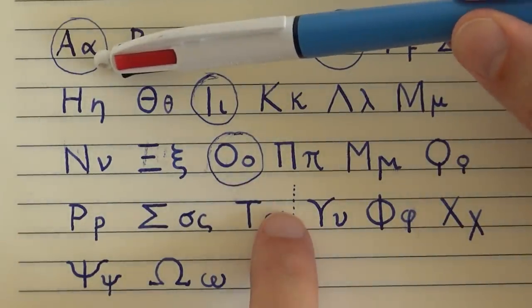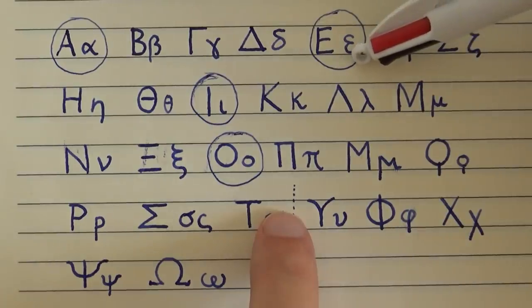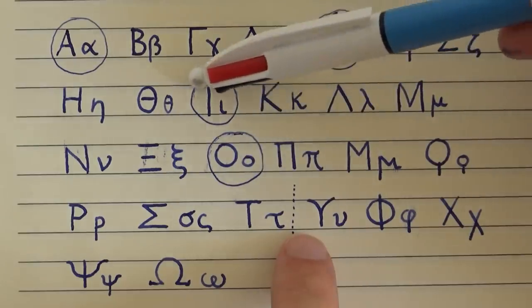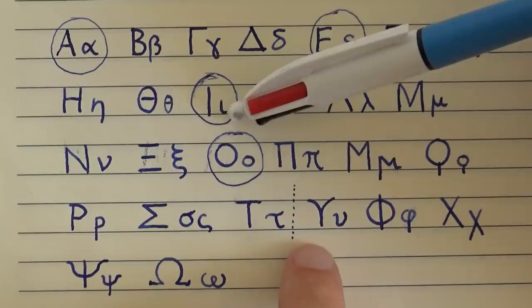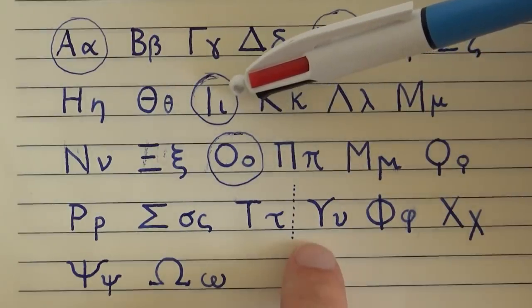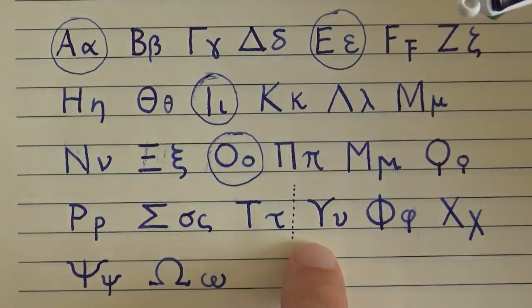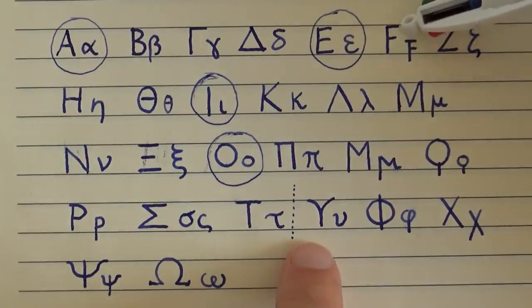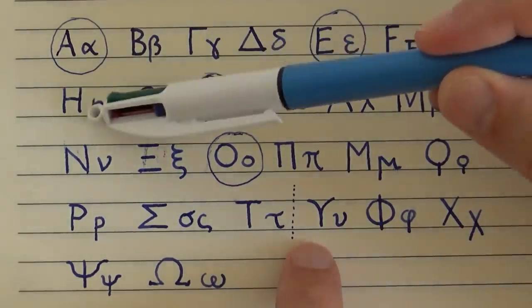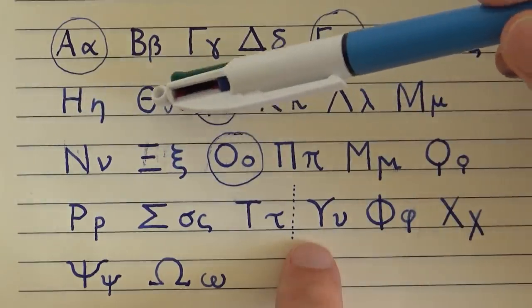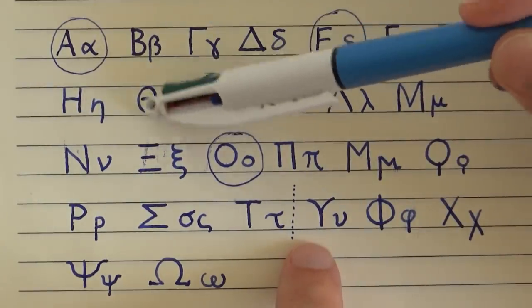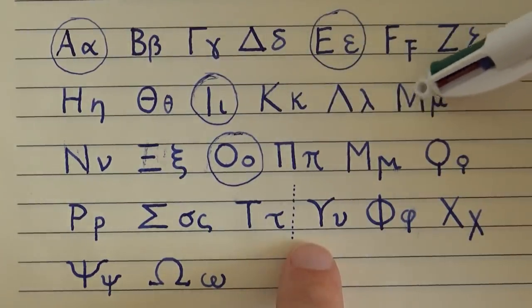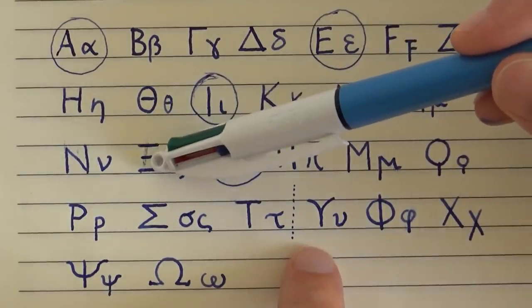So we have a consonant, we have and we have and we have J. We have b, g, d, f, z, h, th, k, l, m, n, x.